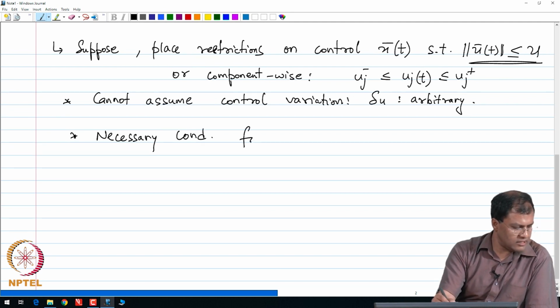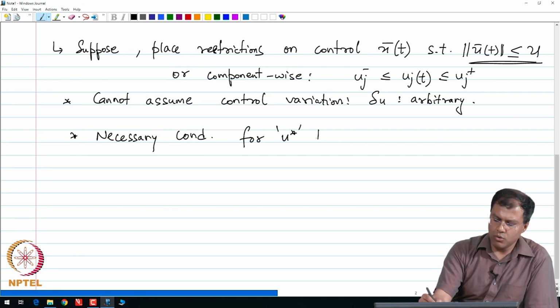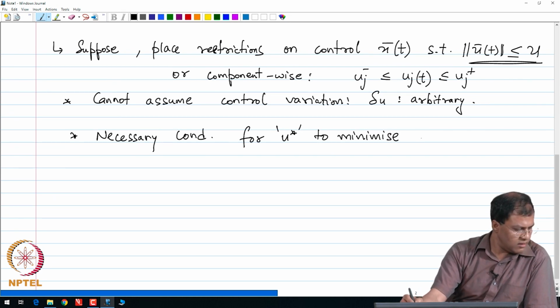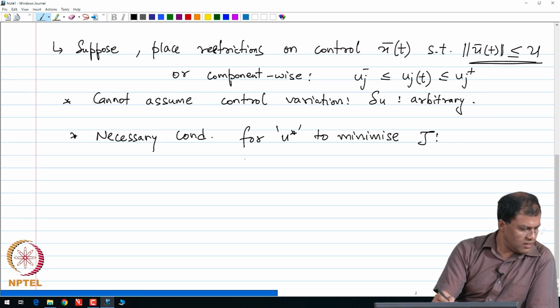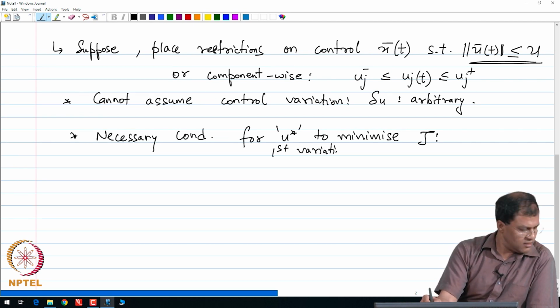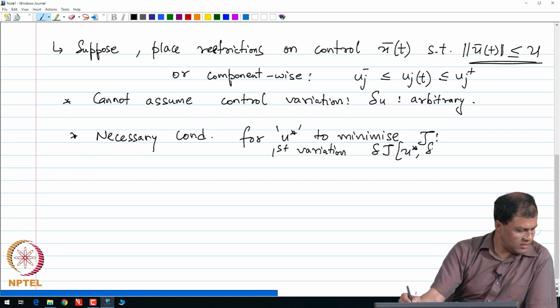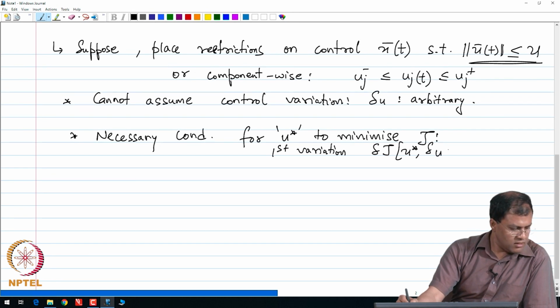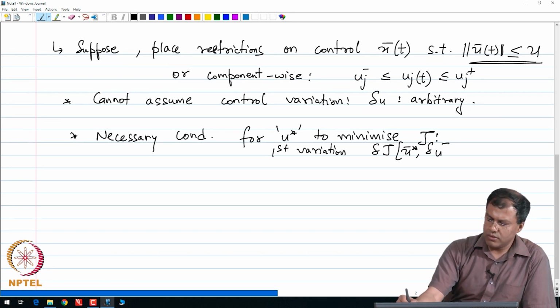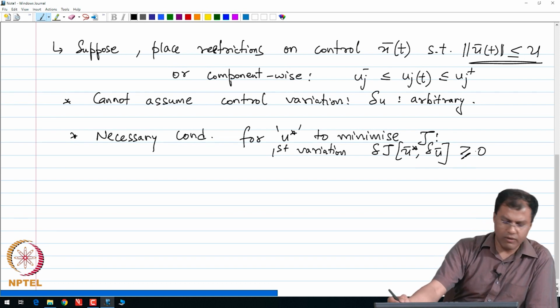The necessary condition for u star to minimize J is that the first variation delta J of u star comma delta u is greater than or equal to 0. So, no longer can we assume an equality; we have to assume an inequality.